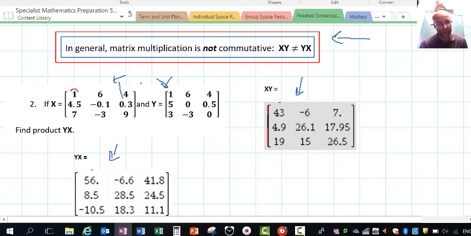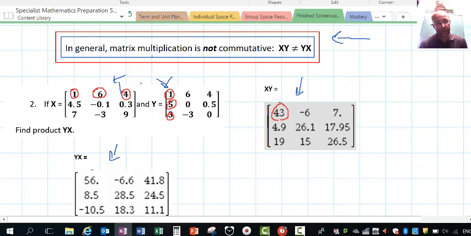If you go x times y, you're going 1 times 1 plus 6 times 5 plus 4 times 3, which is 1 plus 30 is 31, 31 plus 12 is 43, and so on.